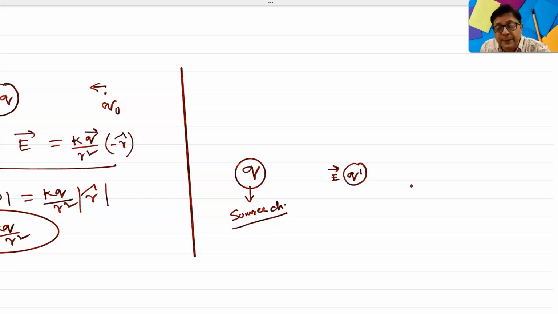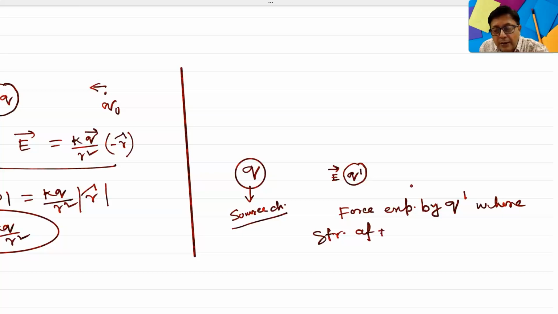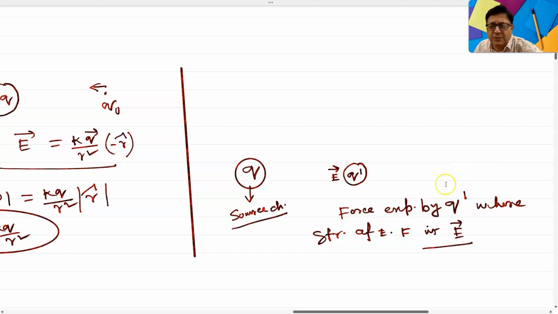What is the force experienced by the charge Q dash, where strength of electric field is E. Magnitude, direction, both are shown here. You just remember the definition. It is the force experienced by a vanishingly small test charge per unit charge of it.